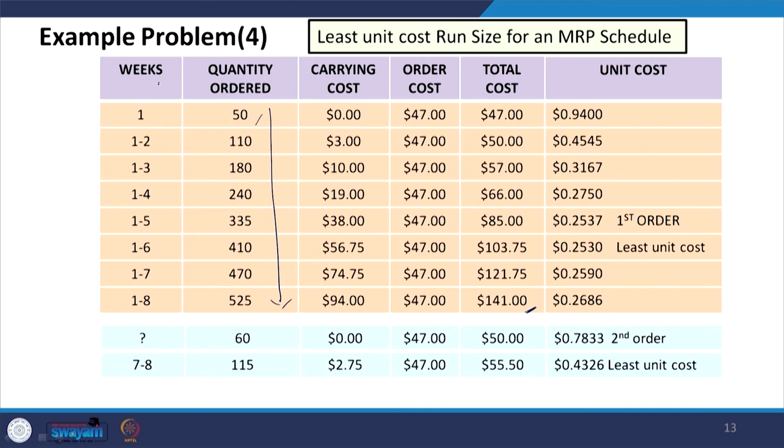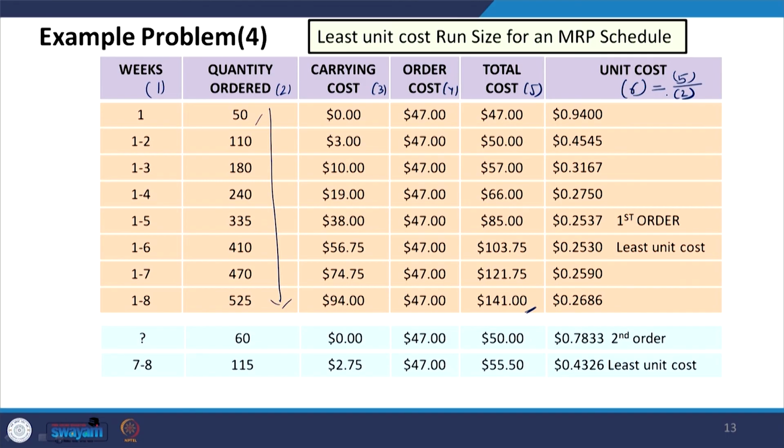Let us say I am putting the column numbers 3, 4, 5, 6. So, this column 6 is coming from dividing the values of the fifth column by the second column.